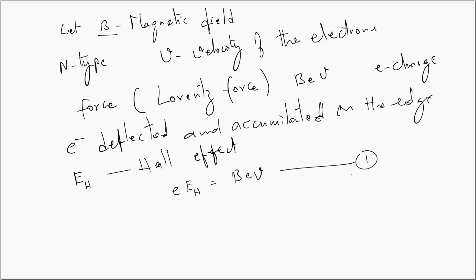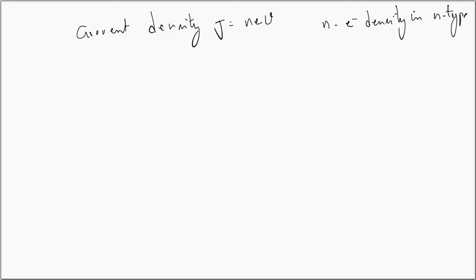Say this is 1. We write EH is equal to Bv, and we know that current density J is equal to nev, where n is the electron density in the n-type semiconductor, e is the charge on the electrons, and v is the velocity.